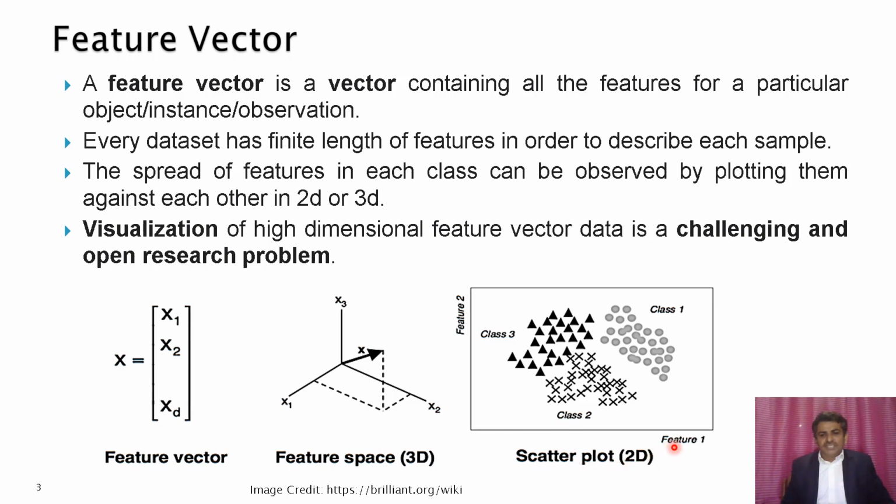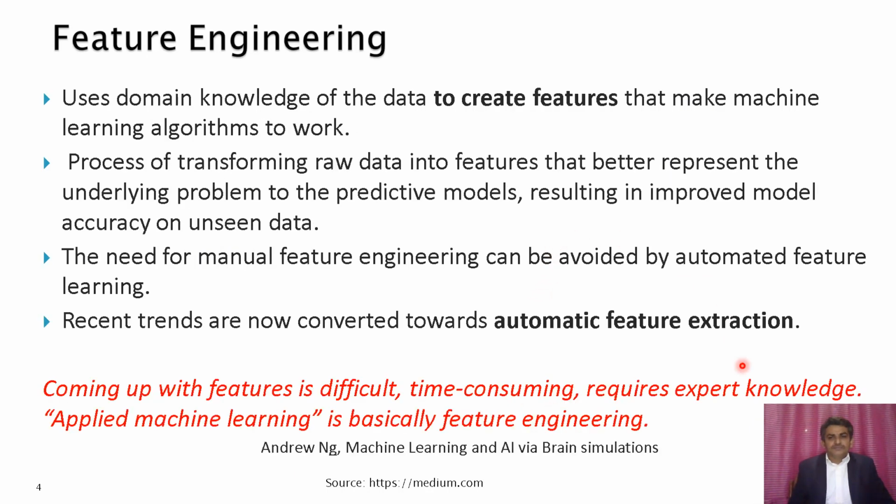Feature 1 is on the x-axis, feature 2 is on the y-axis. The data in this figure is about three classes. So here we can see that we can categorize three classes based on feature 1 and feature 2. So in machine learning, the importance of features is significant.